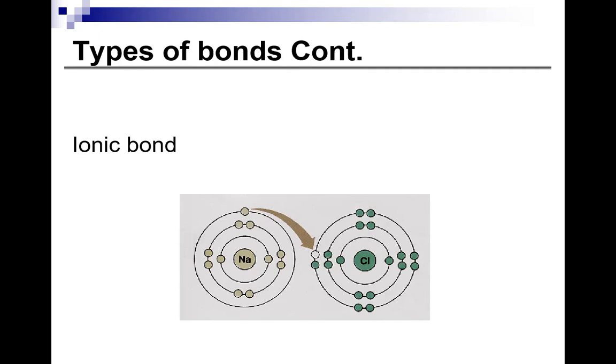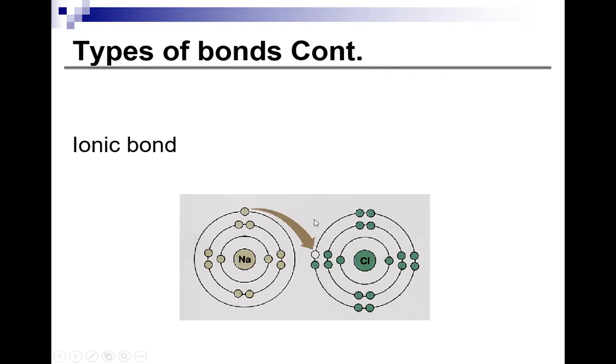So if you're looking at sodium and chlorine, chlorine really wants 1 more electron to be satisfied, to be happy. Sodium would love, and I say in quotes love because they don't have feelings, would love to get rid of that outermost electron so it can drop down to a full 8 here.